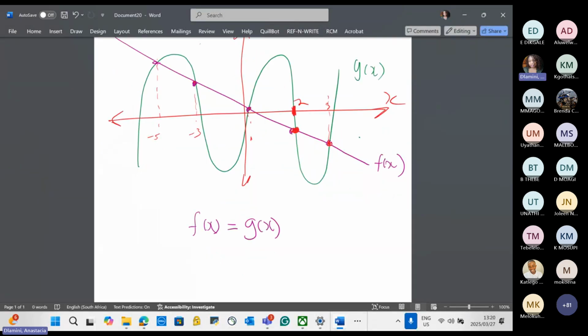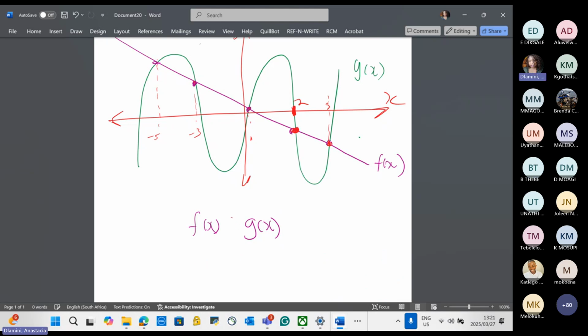Then you say x is equal to -5, x is equal to -3, x is equal to 1, x is equal to 2, and x is equal to 3. Do you see that? That's where the two graphs are intersecting, or cutting. They share the same point of x and they share the same point of y. Does it make sense?